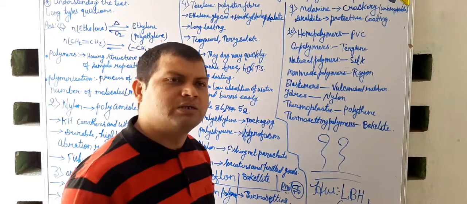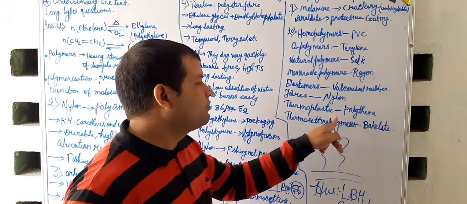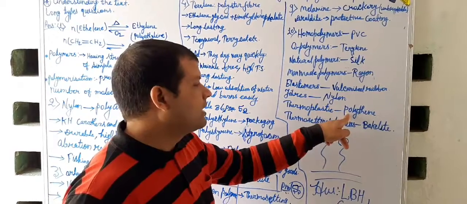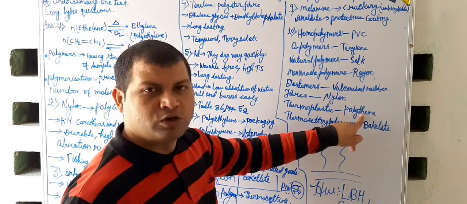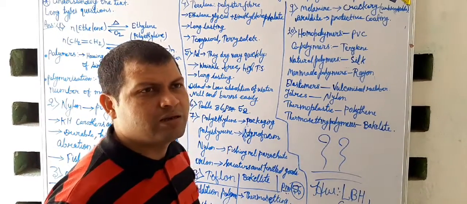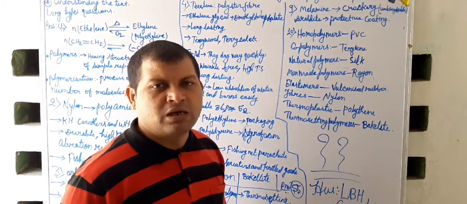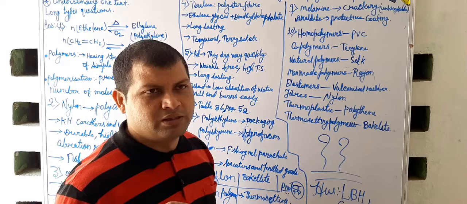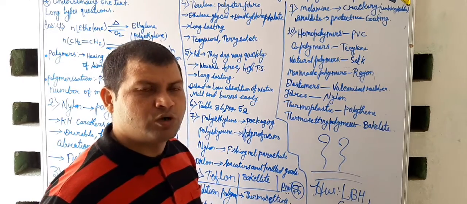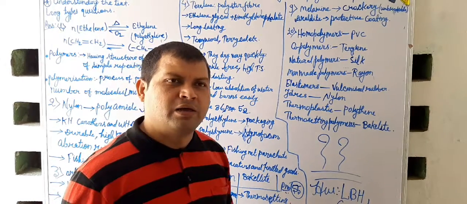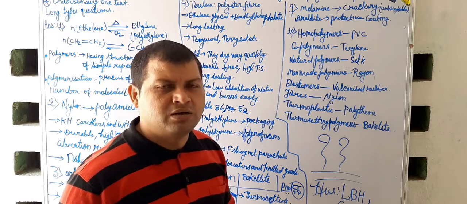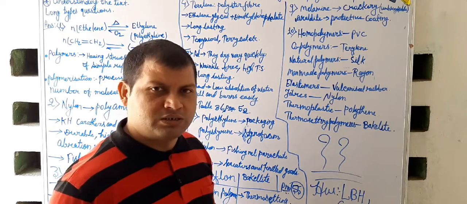Such polymers are called thermoplastic polymers, for example polythene and polyvinyl chloride. And thermosetting plastics are such polymers that cannot soften on heating once they become hard on cooling.